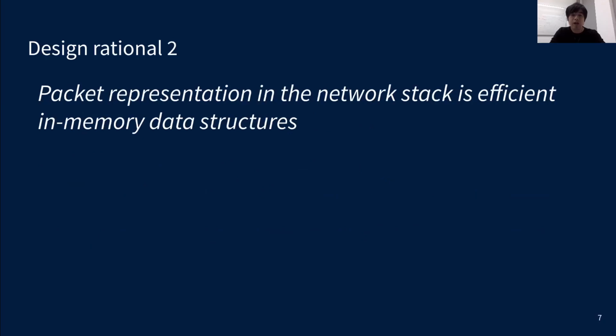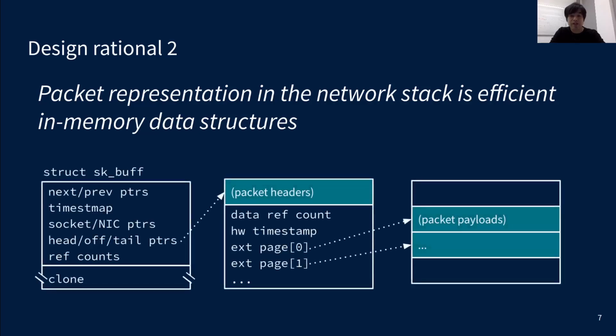We can also find that packet representation in the network stack is quite flexible and optimized in memory data structures. It can represent data larger than a single packet, which is across multiple memory pages. Such large data is split by TCP segmentation offload. A TCP receiver organizes out-of-order packets in a red-black tree to find relevant data quickly.